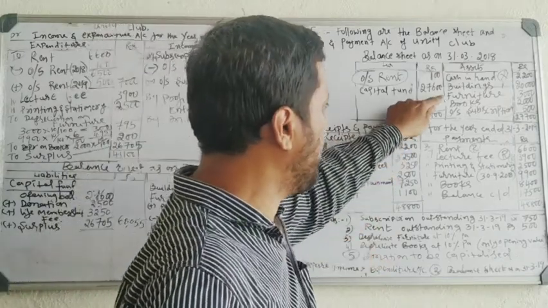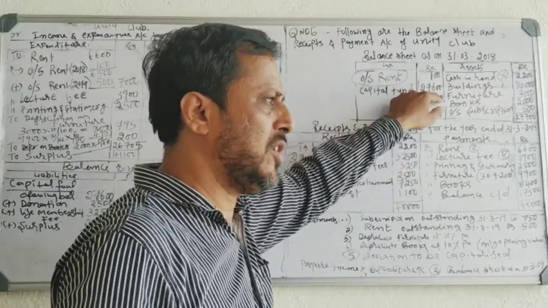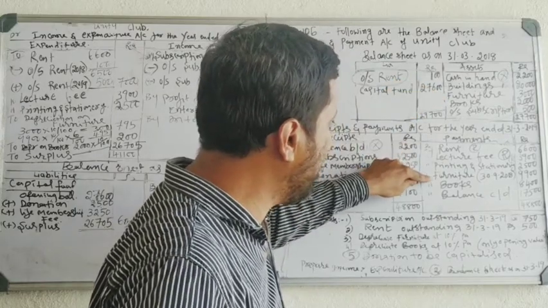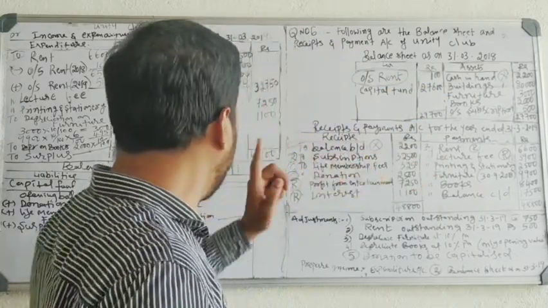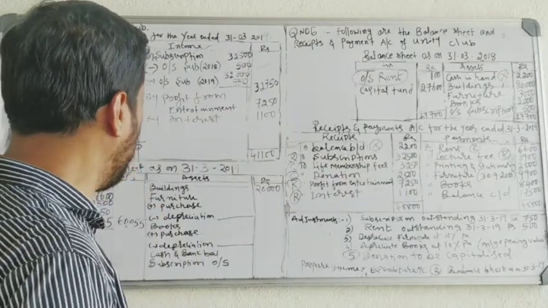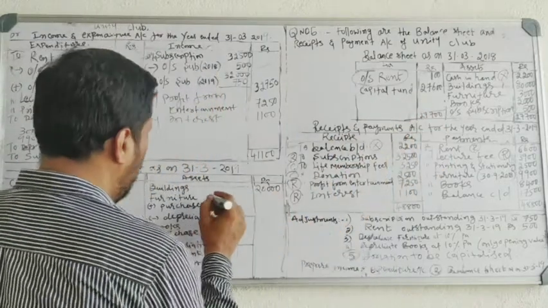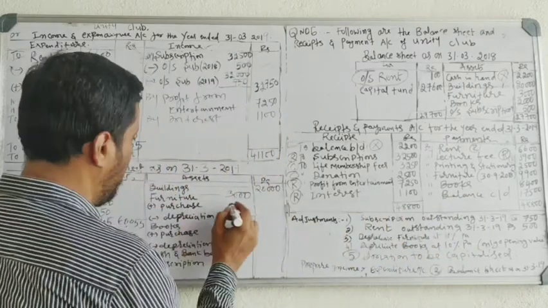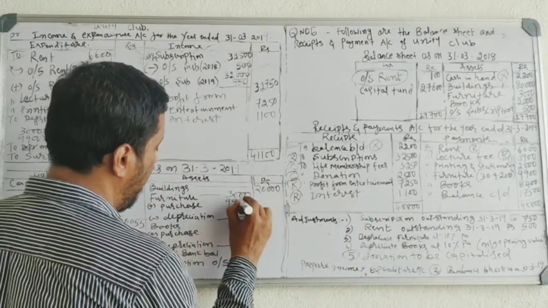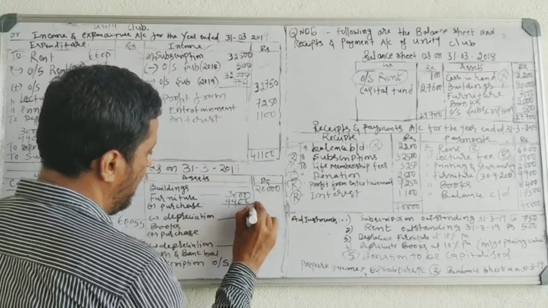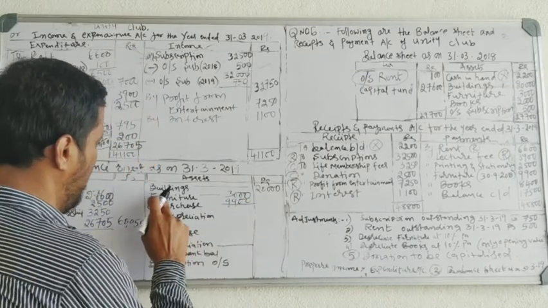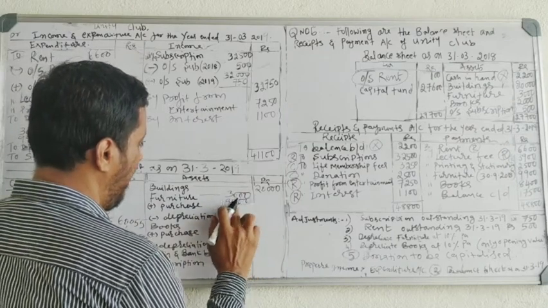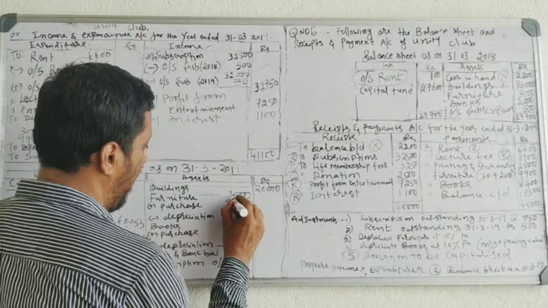After building, furniture. See how you have to write furniture in the balance sheet. First you take the furniture 3,000, then additional furniture 9,900, then deduct depreciation 795. So furniture opening value is 3,000. Additional value, the purchase, is 9,900. Add it.